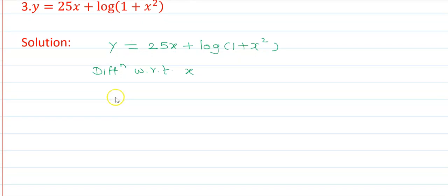Therefore dy upon dx is equal to the derivative of 25x, which is 25, plus the derivative of log of (1 plus x square), which is 1 upon (1 plus x square) into the derivative of (1 plus x square). The derivative of 1 is 0 and the derivative of x square is 2x.